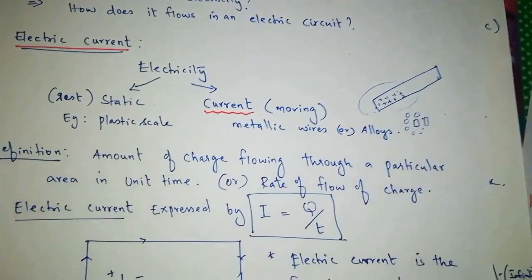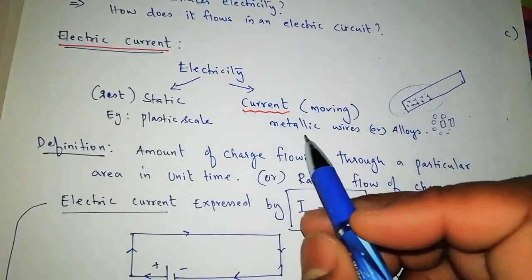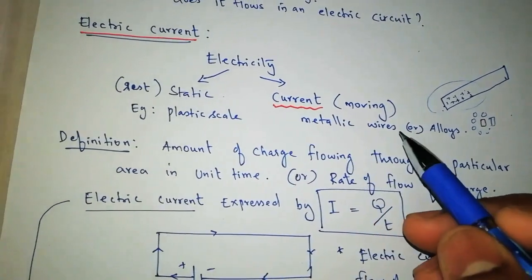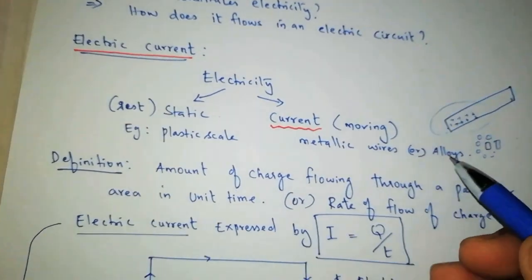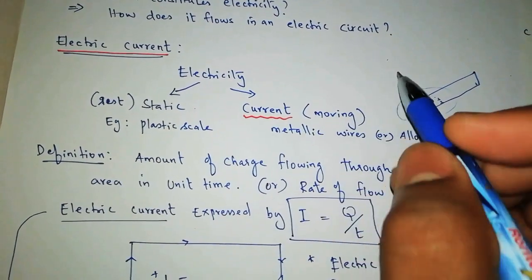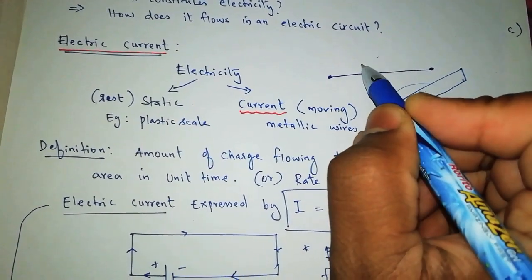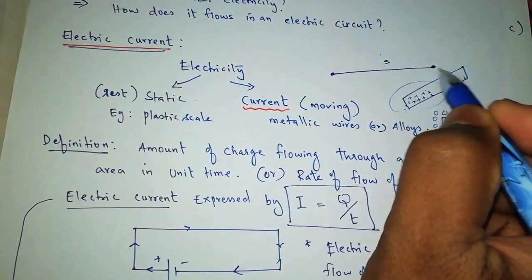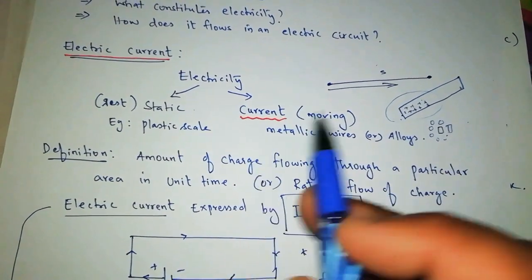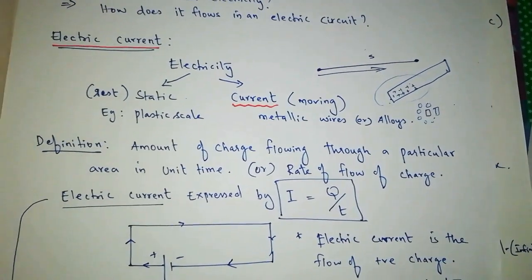But when we are talking about current, it means something that's moving. For example, a metallic wire. We are using lots of wires, and copper wire is the main wire we are using. Even alloys, they take the charges from one end to the other end in a second. Just take the charges like that. That means the current which is moving is another form of electricity.